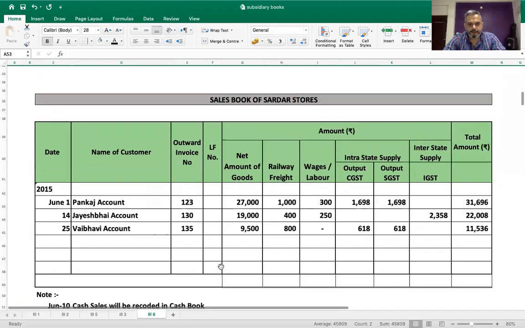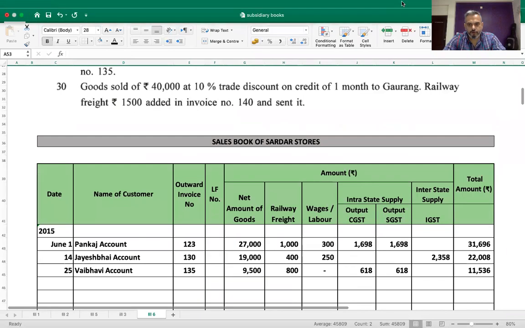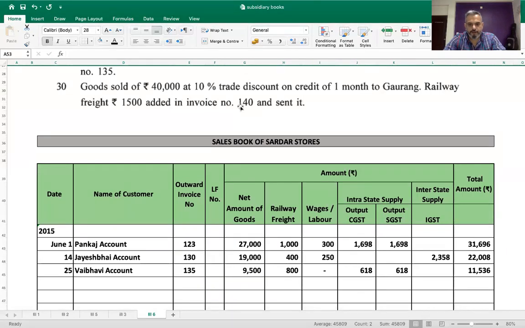Now, 30th, goods sold of 40,000 at 10% trade discount on credit of 1 month to Gaurang. Railway freight 1500 added in invoice number 140 and sent it. Sold on credit to Gaurang.